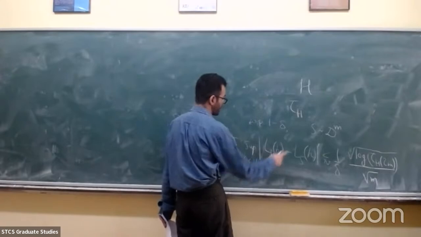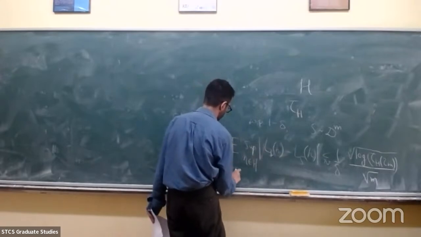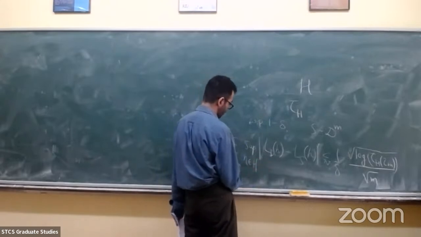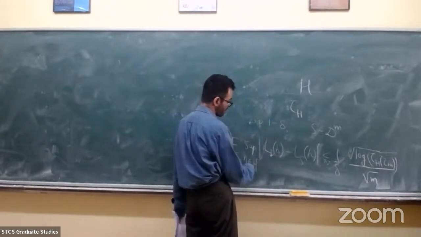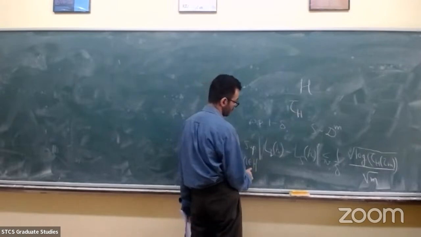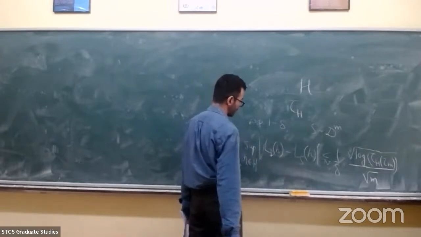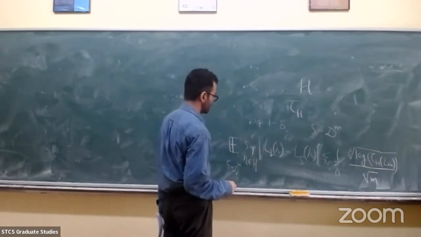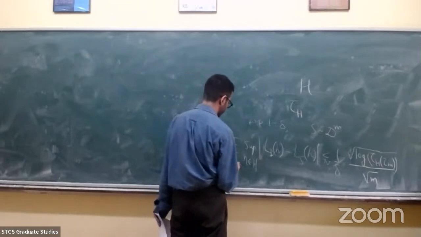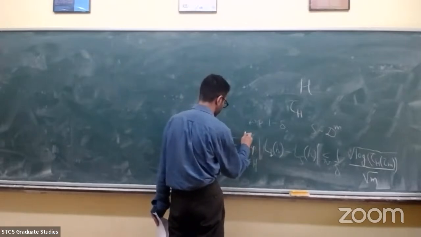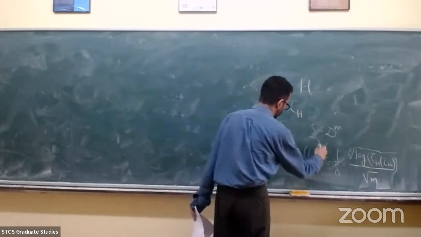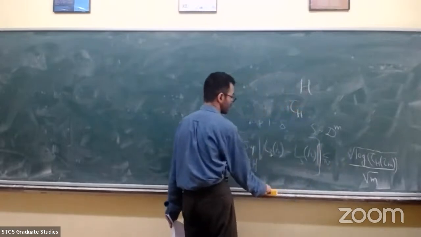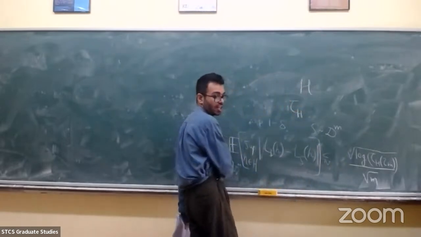So you sample S, and you take the average over the samples, where for every S, you ask for the maximum possible difference over hypotheses. So we showed that this quantity is at most this. This is what we showed in class.